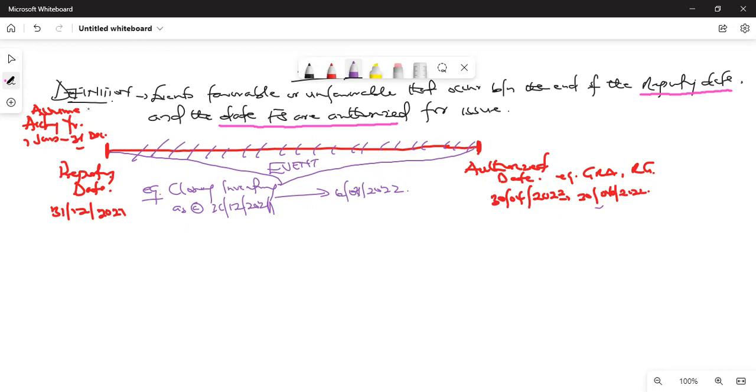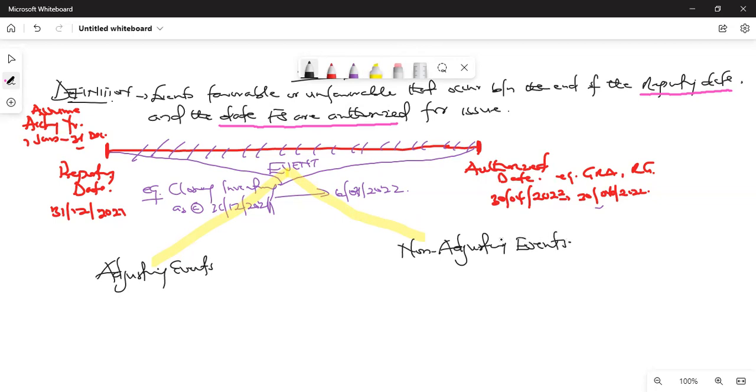So the standard goes ahead to distinguish these events and calls for what we call adjusting events and non-adjusting events. All right.